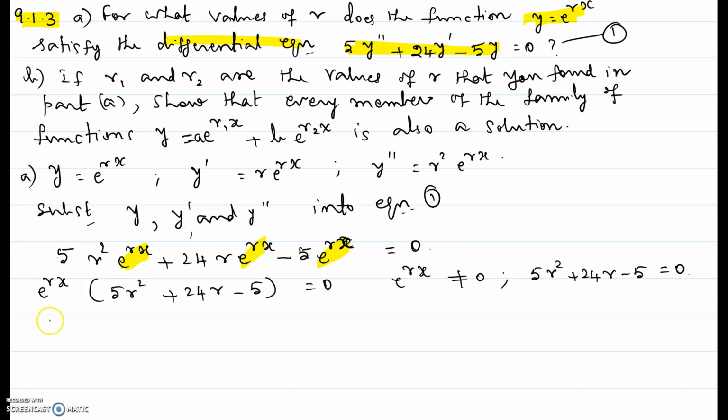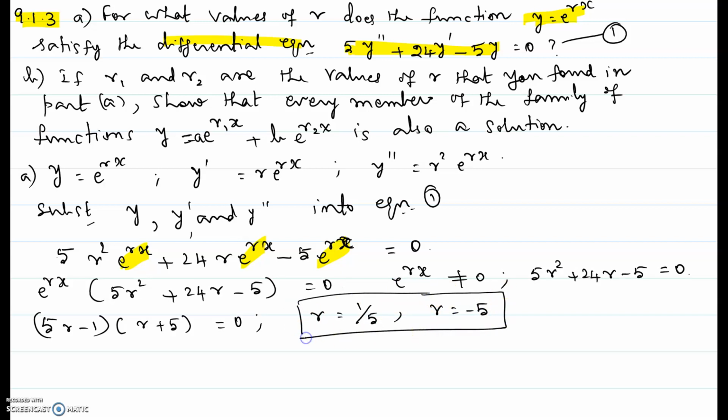We can factor this as 5r minus 1 times r plus 5 equal to 0. This gives the two values for r: one is 1 over 5, the other is negative 5. So the two values of r for part A are 1 over 5 and negative 5.